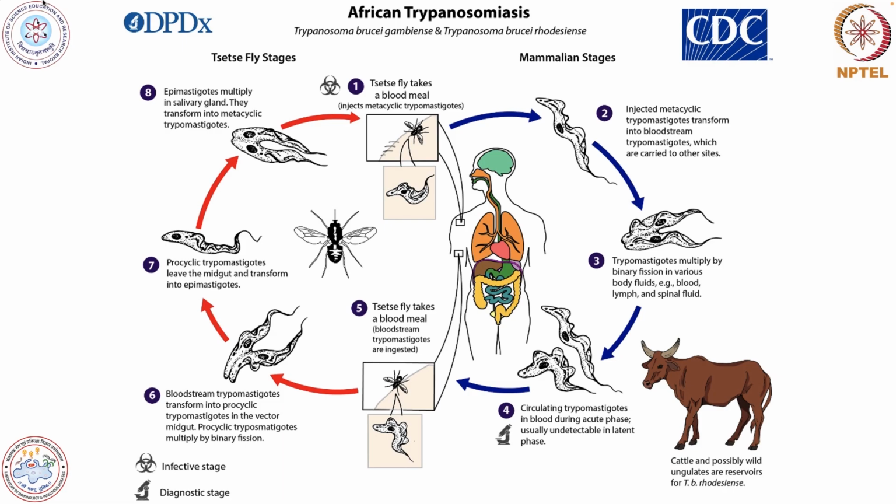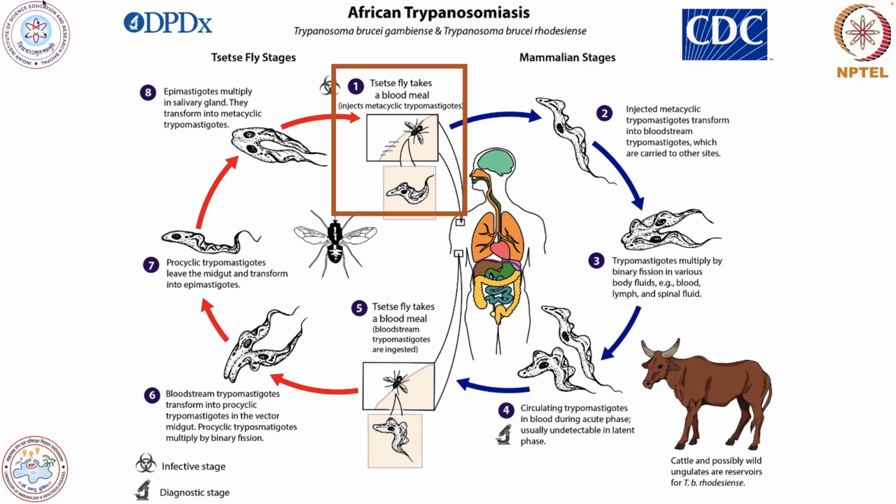Now, I will discuss the life cycle of African trypanosomiasis. During a blood meal on a mammalian host, an infected tsetse fly, genus Glossina, injects metacyclic trypomastigotes.